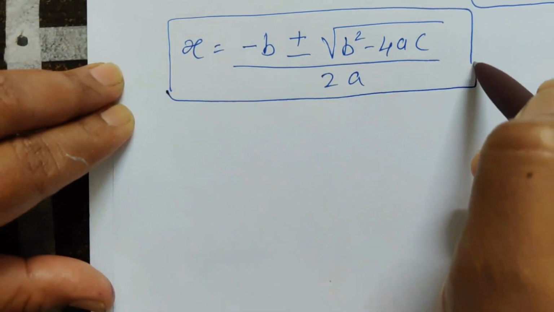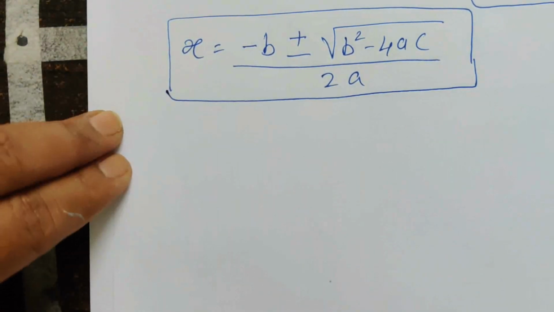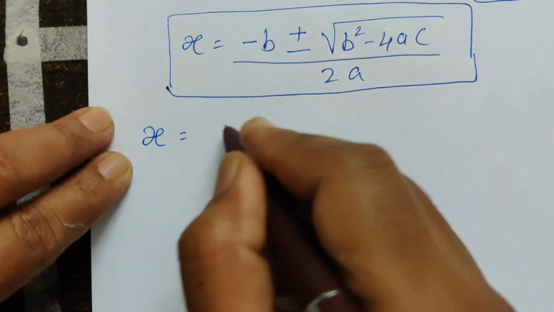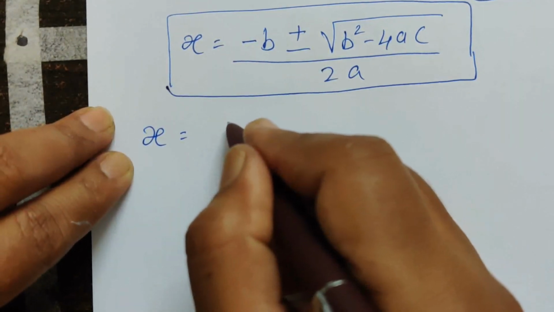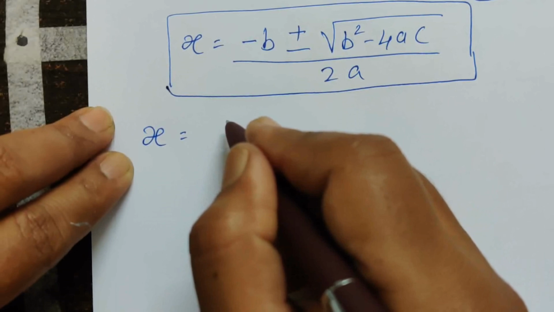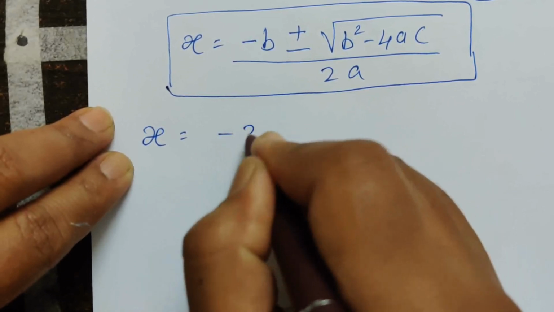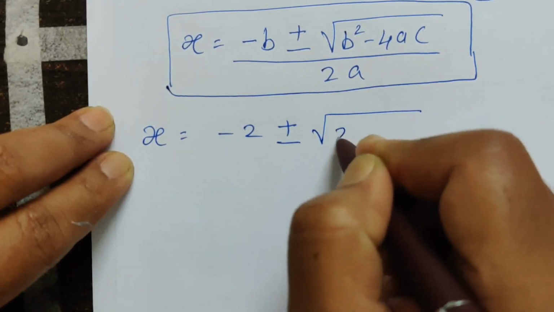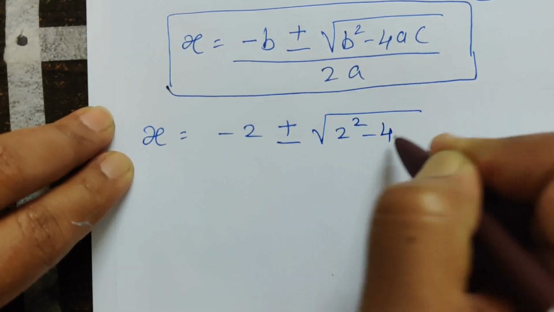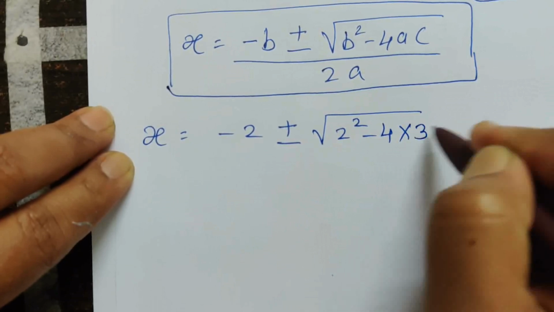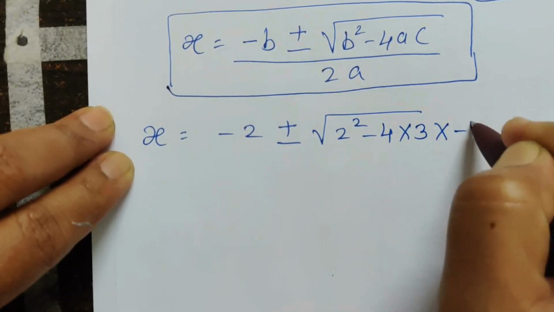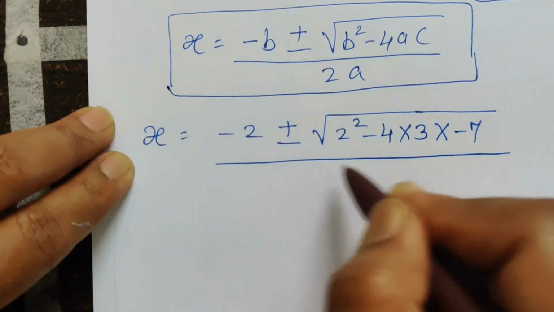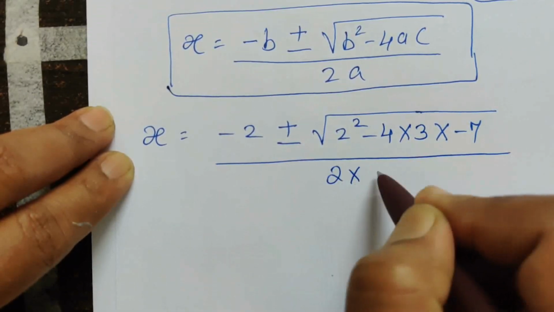Same example I will show you with the common formula. X is equal to, b's value is minus 2, so minus 2 plus minus under root 2 square minus 4 multiplied by 3 multiplied by minus 7. C is equal to minus 7, upon 2 multiplied by 3.